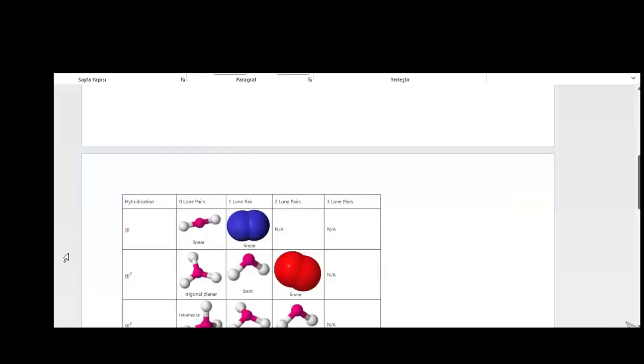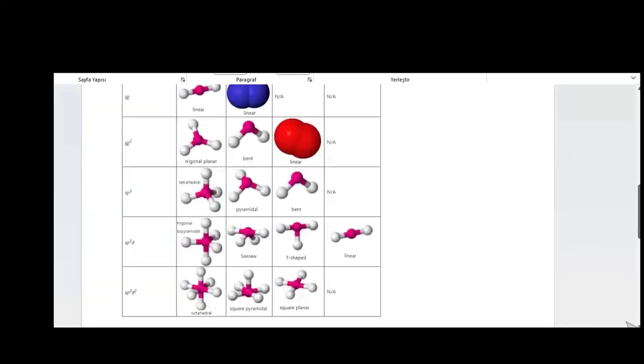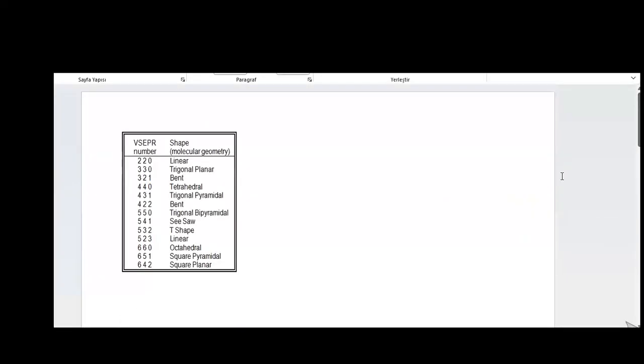Okay, let's check another type of molecule. Let's look at the water molecule. I'm going to choose a simple molecule like the water molecule.